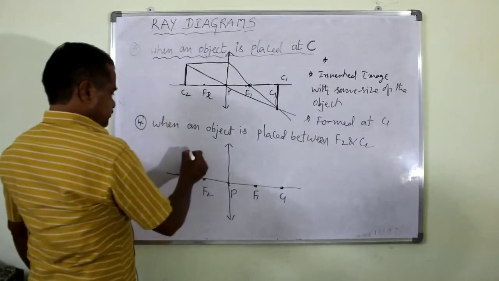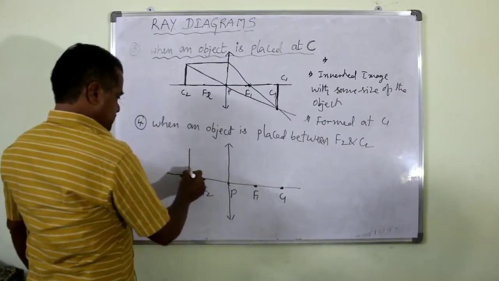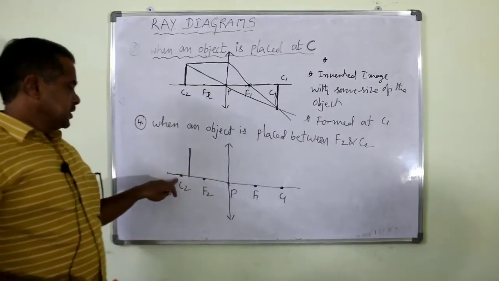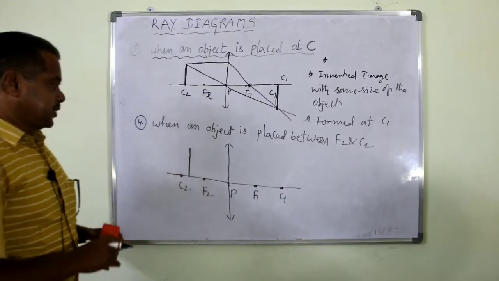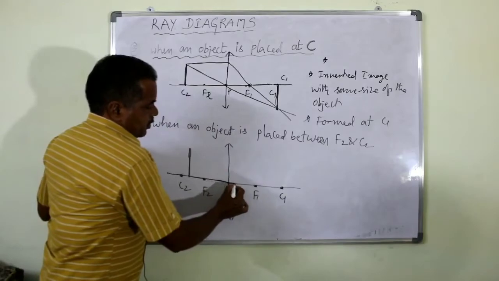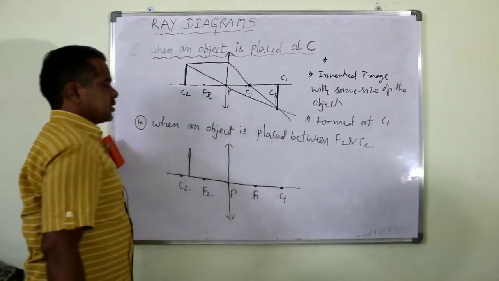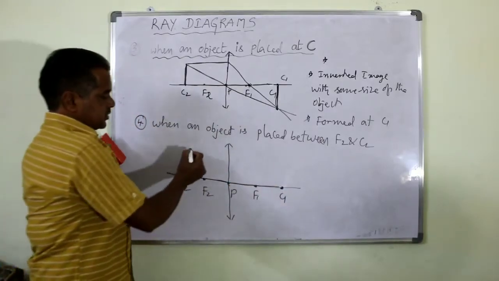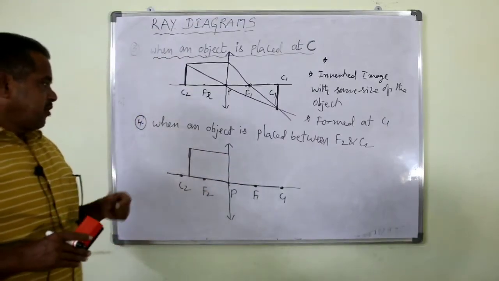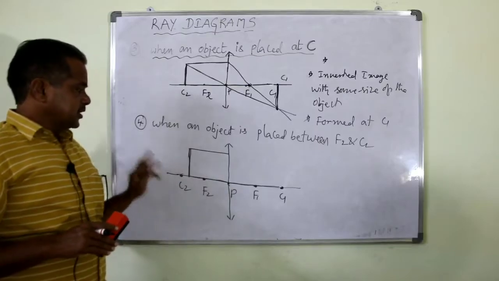Here we are taking one object placed between center of the curvature and focus point. So one light ray which passes along the principal axis, the corresponding refracted ray doesn't deviate its direction. It is very clear. While drawing the ray diagrams, here we are taking only three rays.